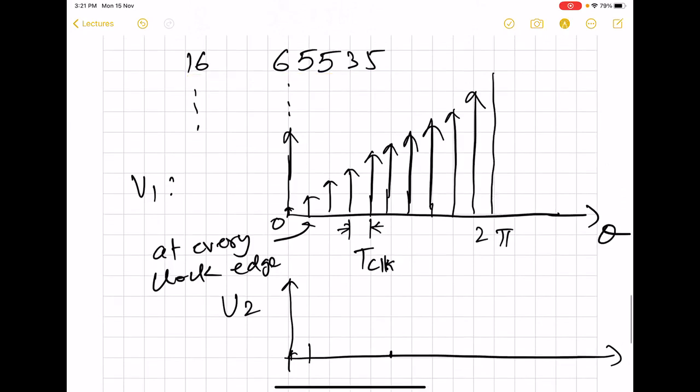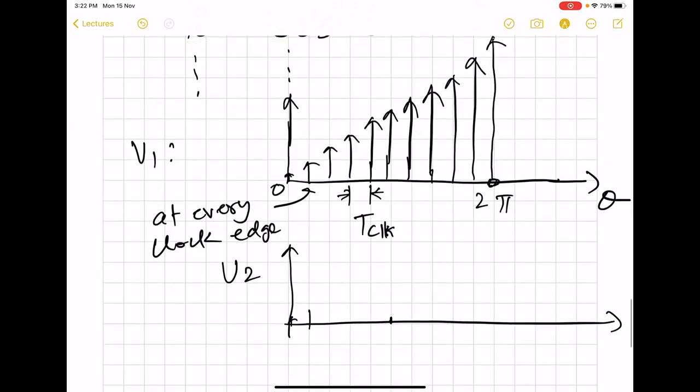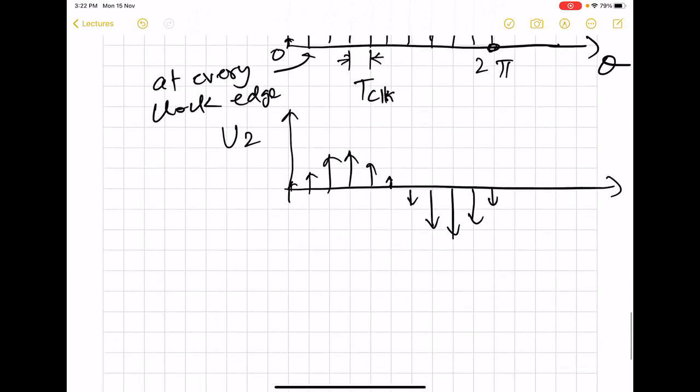For example, here we have 10 samples. So we will get these kinds of output from the lookup table. Like this. So here we can see that we have one cycle of the output sinusoid function. So V2 is going to be like this.